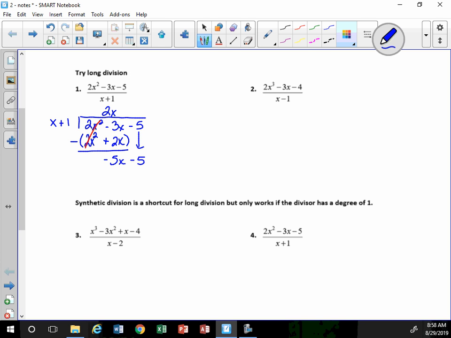Then I start over. Now, what do I take x times again to make it negative 5x? All right, then we do our multiplying. So negative 5 times the x plus 1 will give me negative 5x minus 5.